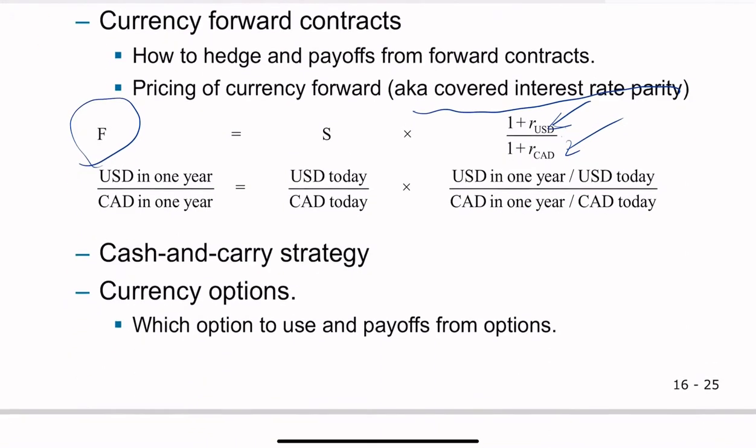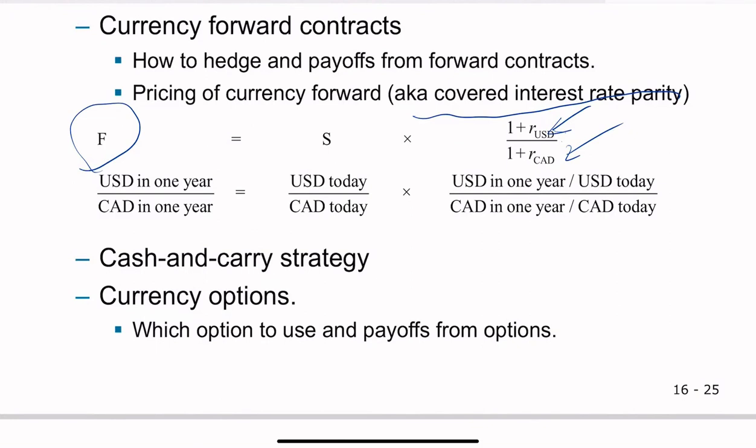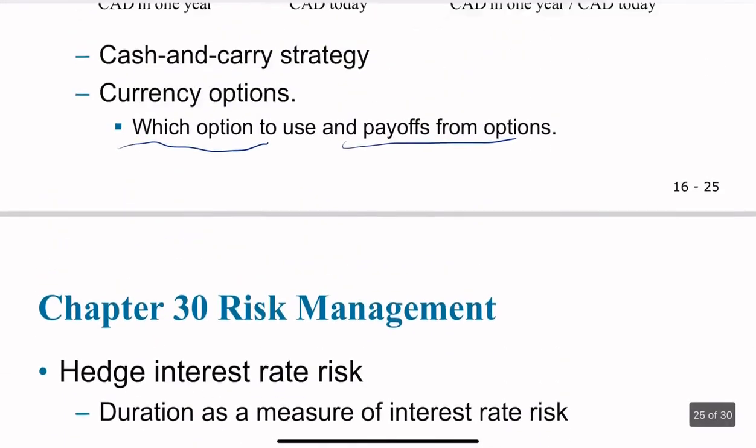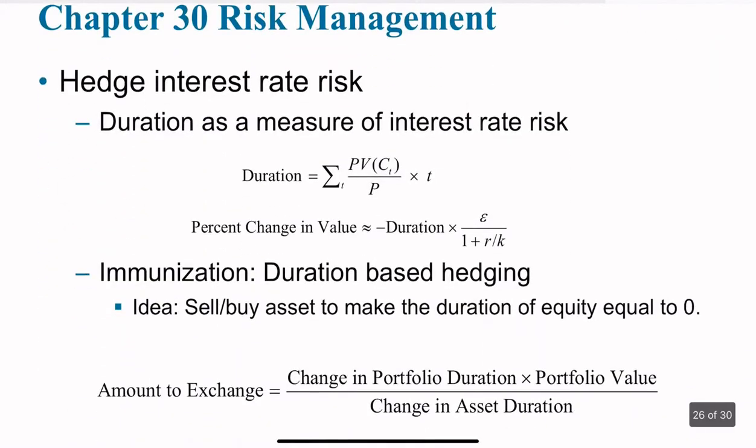And another way is currency options. Again, you need to understand which option to use and what kind of payoffs you can have if you purchase options. Okay, the last one is about hedging against interest rate risk.